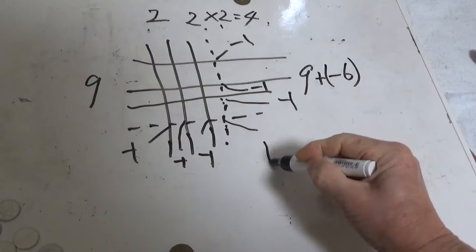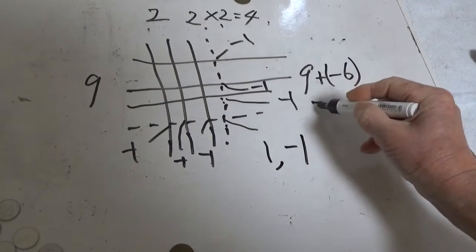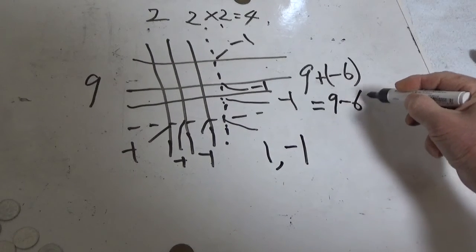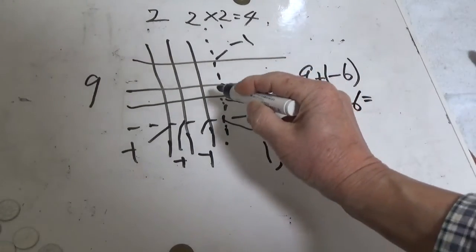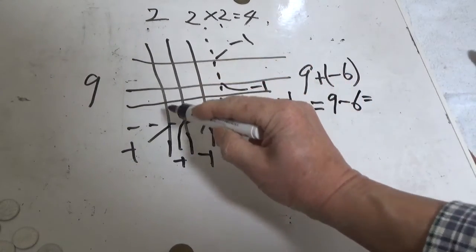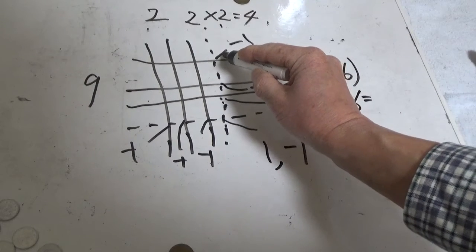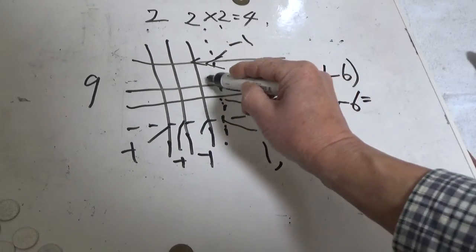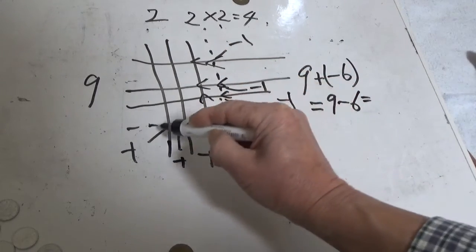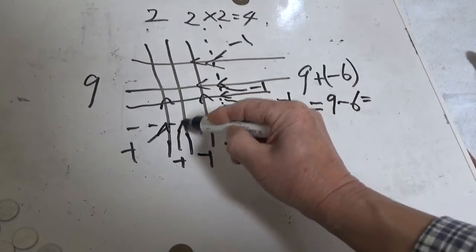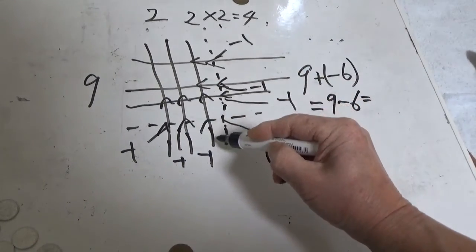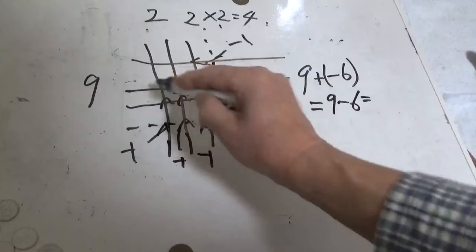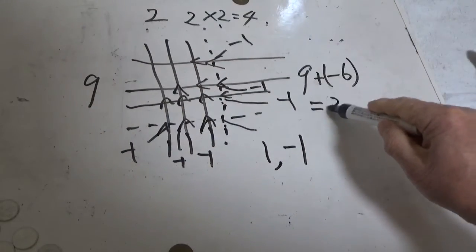It is 1 or minus 1. But this is 9 minus 6 equal, okay, we calculate. This vanishes, this vanishes, this vanishes, this vanishes, this vanishes, and this vanishes. So the result is 3.